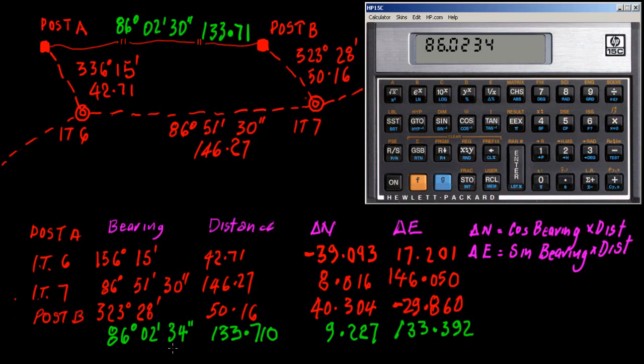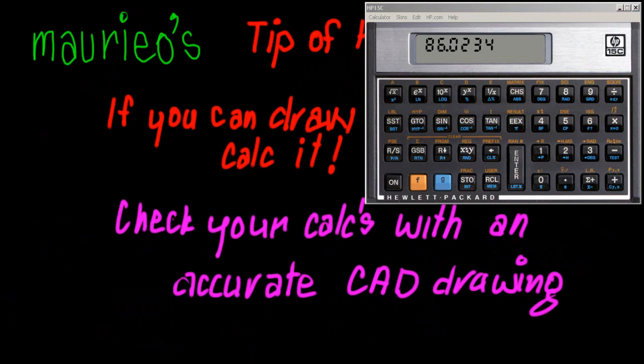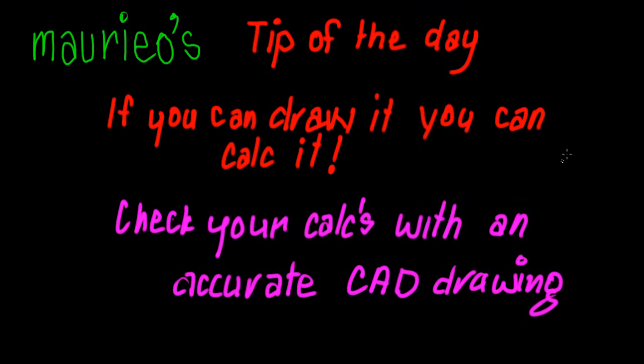And now, just for a little bit of added extra, while I've got your complete and utter attention, Maurieo's tip of the day. Well, two tips as it turns out. If you can draw it, you can calc it. Early on when I started in surveying, they told me that if you could draw something, then you most certainly could calculate it.